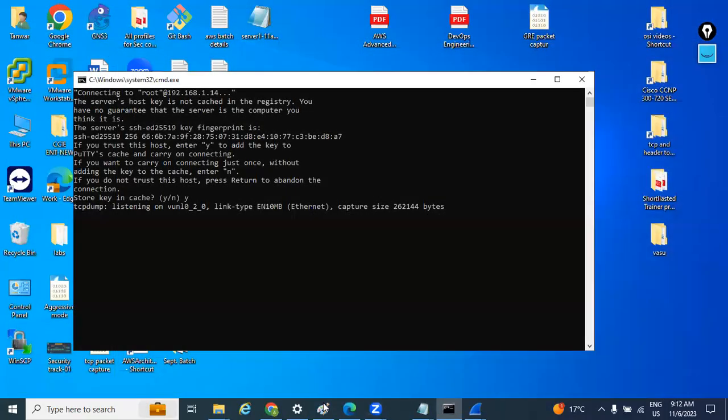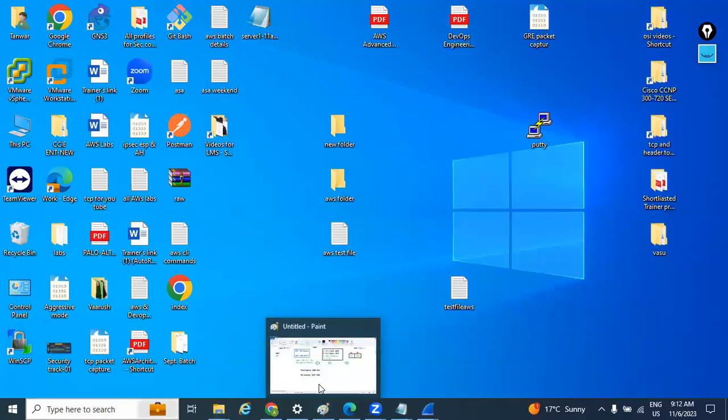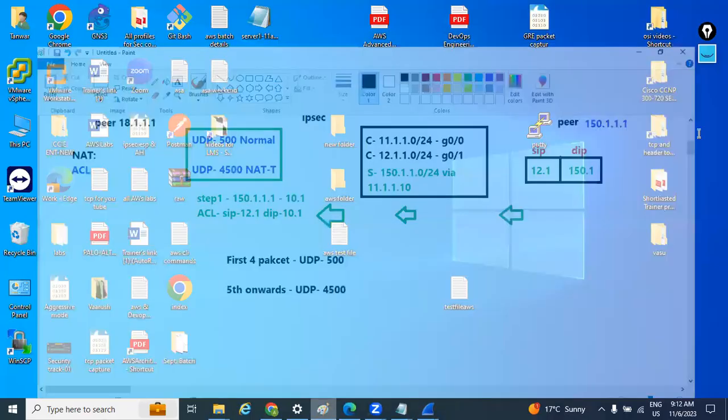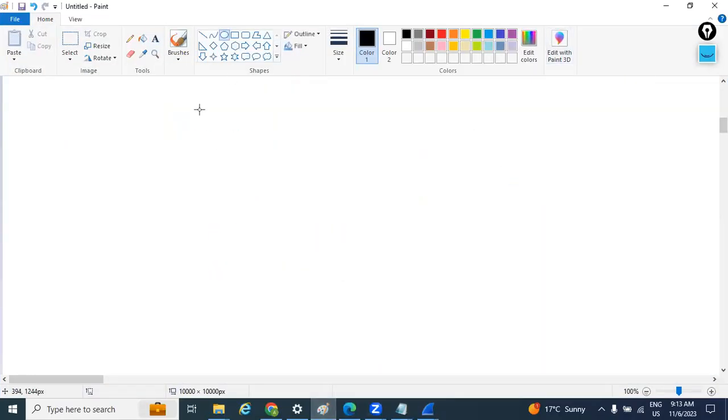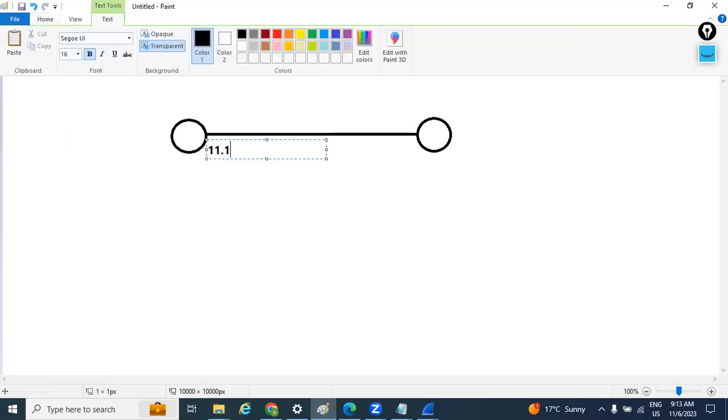Guys, you know EIGRP? In EIGRP we have a concept. Let's consider these are two devices, and they are neighbors to each other. This is 11.1, and this is 11.2.